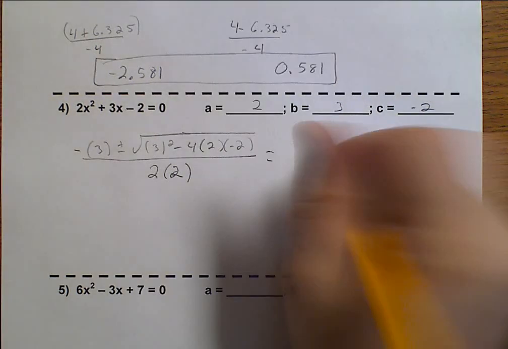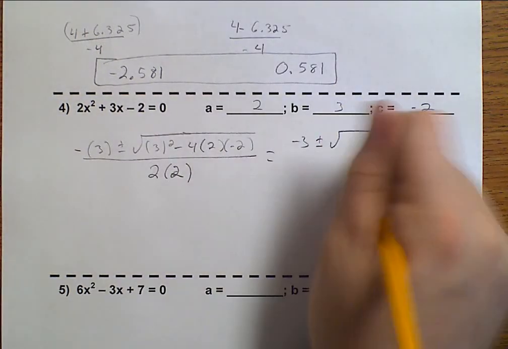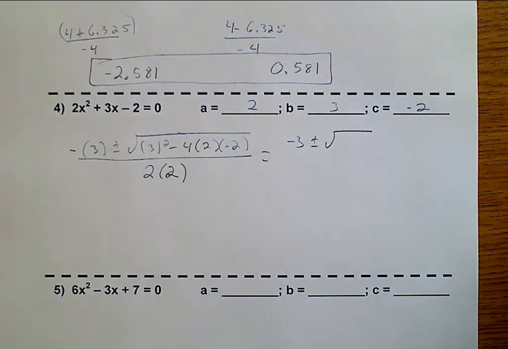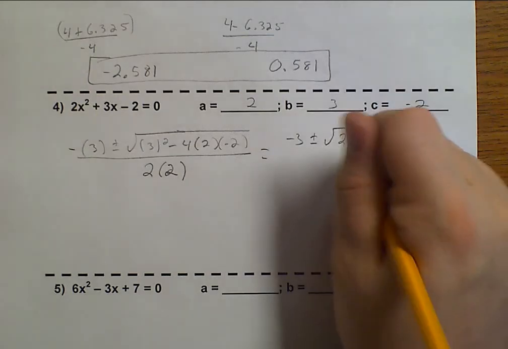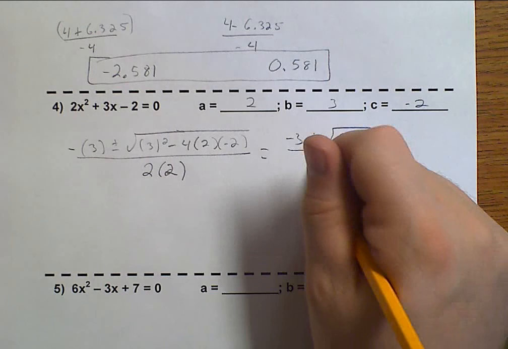Well, that's negative 3 plus or minus the square root of, go ahead and plug all of that in. So 3 squared minus 4 times 2 times negative 2 gives me 25, all over 2 times 2 is 4.